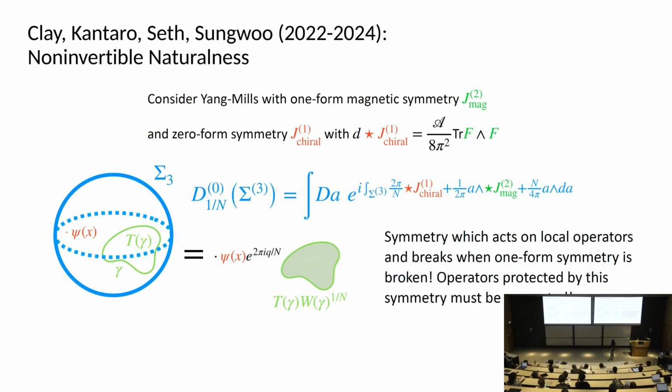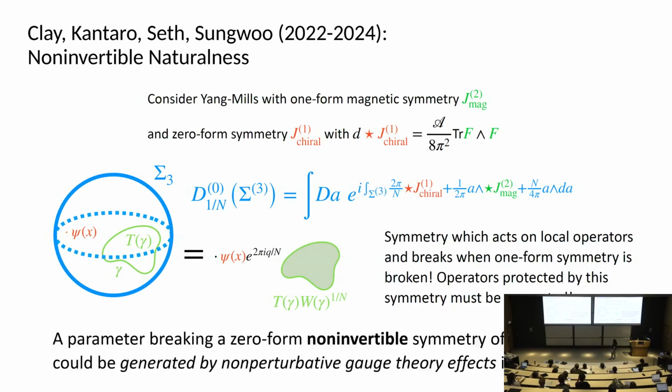But if this non-invertible symmetry was the only symmetry protecting some local operator, then when we go to the UV and see it's broken by dynamical magnetic monopoles, that operator now must be generated. And so this gives us sort of a refinement of this spurion analysis.